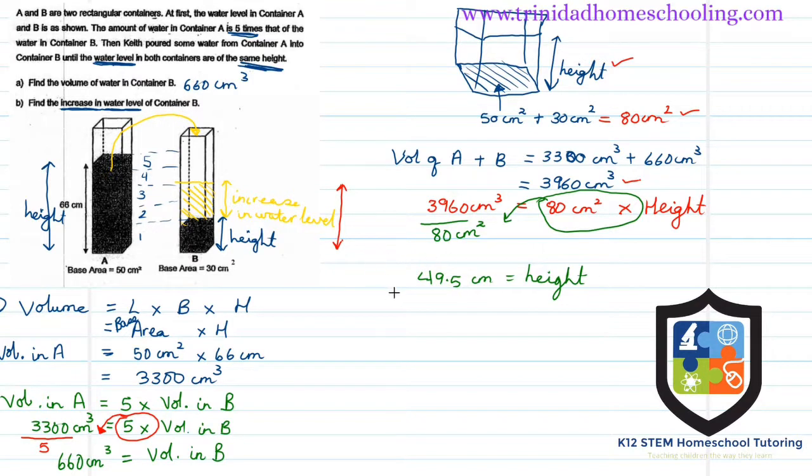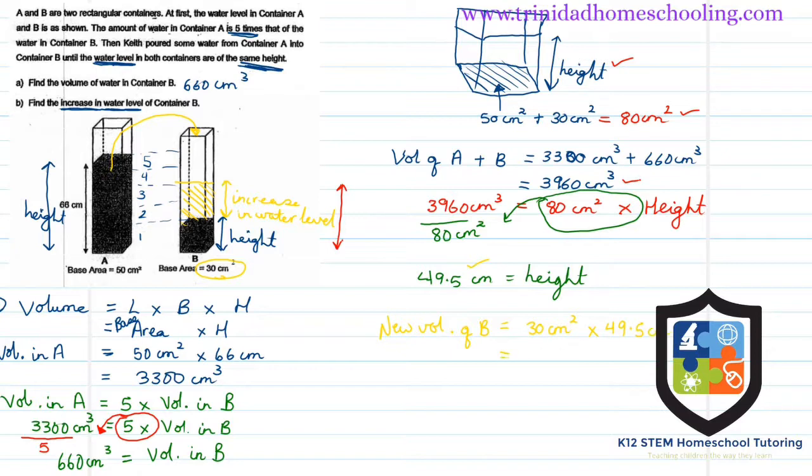So knowing that, we could find the new volume of container B because we have the new height and the area of B will stay the same. So the new volume will be this base area multiplied by the new height.